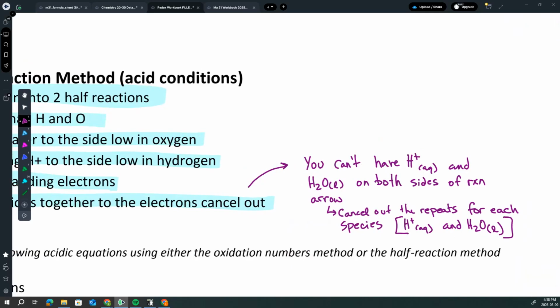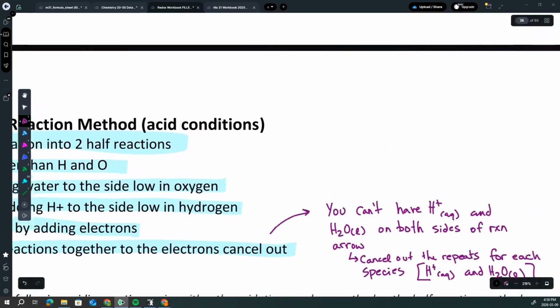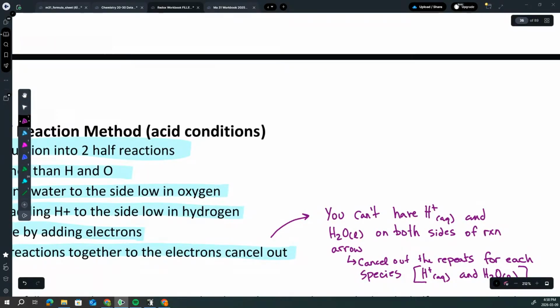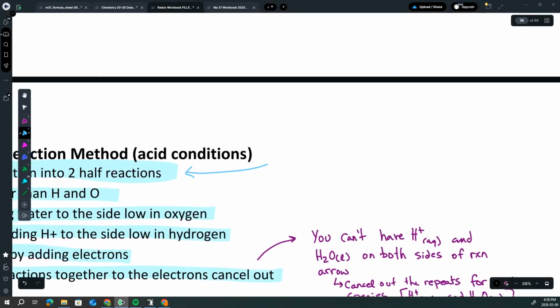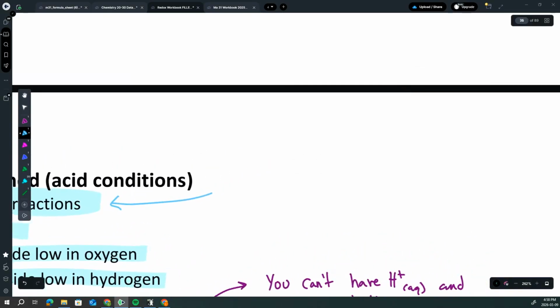Okay, and as a reminder of what I said at the beginning of this video, both for this page and for the previous page, you're not looking at page 7 of the data booklet to get the half reactions.